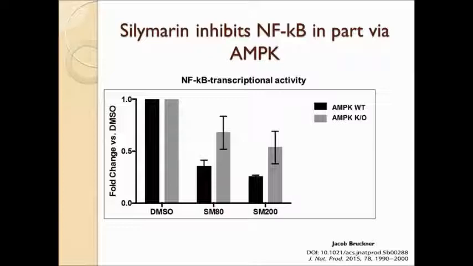These are mouse embryo fibroblasts with wild-type AMP kinase, and cells with a double knockout of AMP kinase. You can see that silymarin did not inhibit NF-kappa B as well when AMP kinase was absent. So this suggests that the cell sensing of cellular energy status communicates to the cellular inflammatory status.